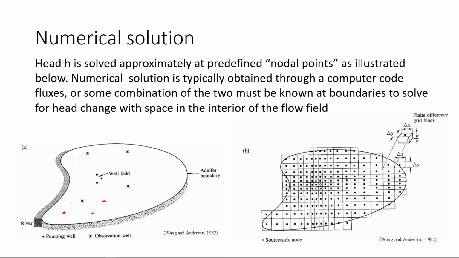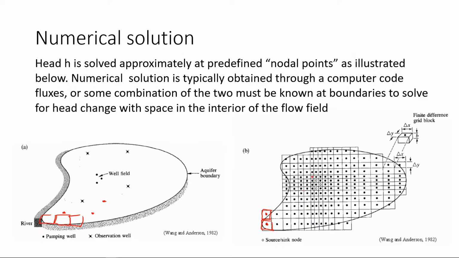For a numerical solution, you have to discretize your aquifer, your domain, into cells like this. You see here, this is a cell. This boundary here is something extra, but it doesn't matter, because you are just finding the head at this point, for all these cells, or these elements if you're using a finite element method.